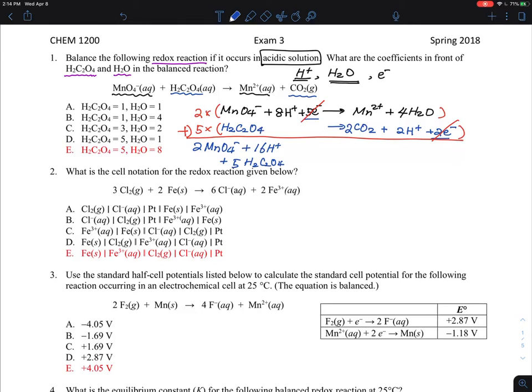H2C2O4. Okay, this first problem takes a little bit longer because you have to solve the problem very systematically here. And then this one is 2 times Mn2 plus, and then 8 times H2O plus 2 times CO2. Oh, not 2 times CO2.